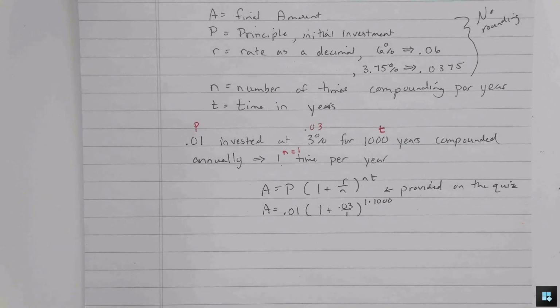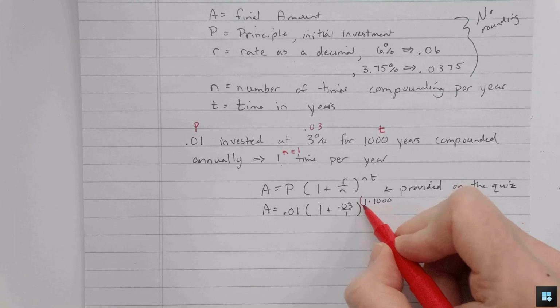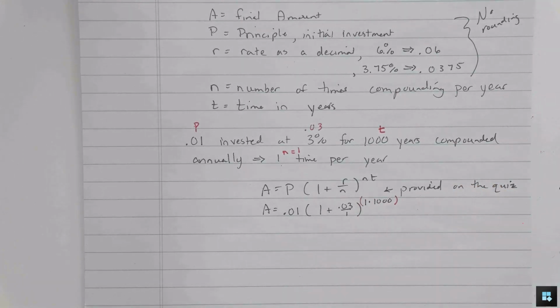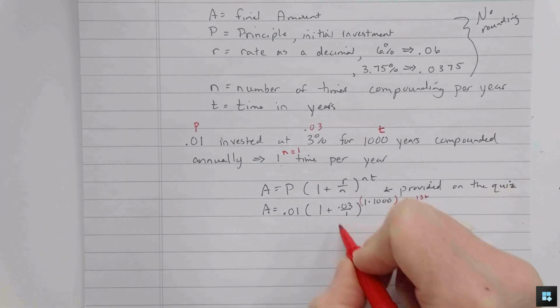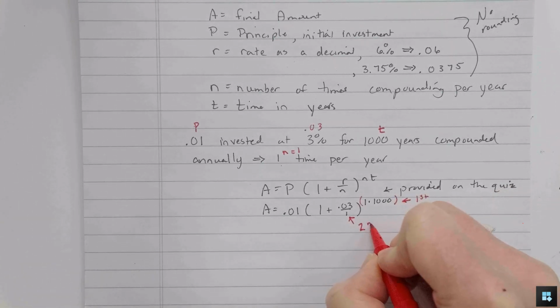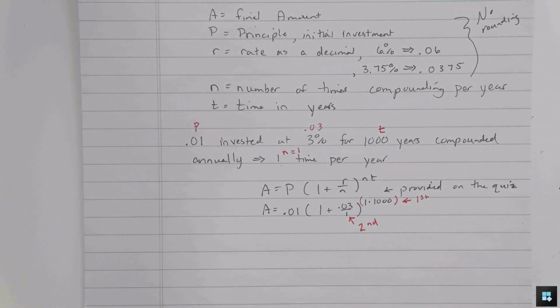So I want to make sure we know what order we're doing this in. We'll do this first. If you're using a scientific calculator that you can put everything in at once, put parentheses around the 1 times 1,000. If you're doing it step by step, which is what we're going to do together because everybody doesn't have a scientific calculator, you do this first, and then this division second. We're following the order of operations from algebra class.